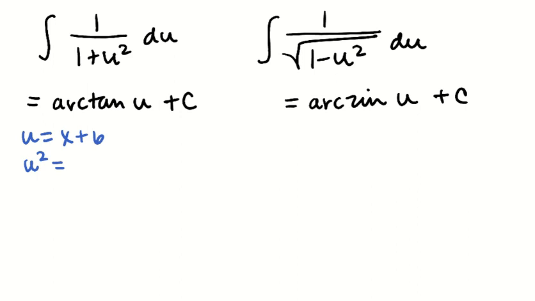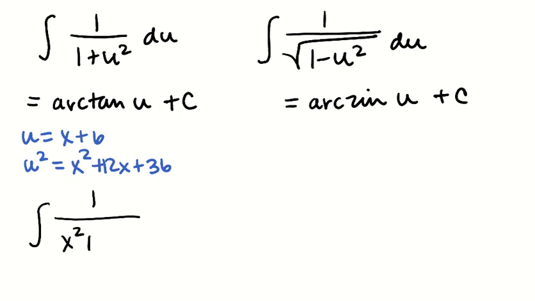I know y'all know that, but I'm just reminding you. That's x squared plus 12x plus 36. So if we ran into something like the antiderivative of 1 over x squared plus 12x plus 37, that's going to be something that we can anti-differentiate now.